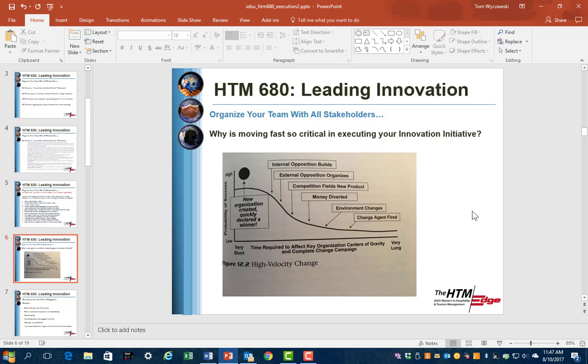Internal opposition builds, external opposition organizes, competition inserts itself, money gets diverted, the environment can change, and ultimately, you, as the leader of the change, get fired. It is critical that you understand this chart and you understand that time is your enemy. That's why moving fast is so critical.